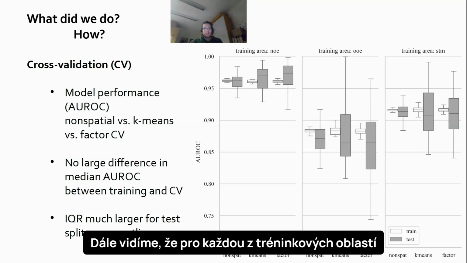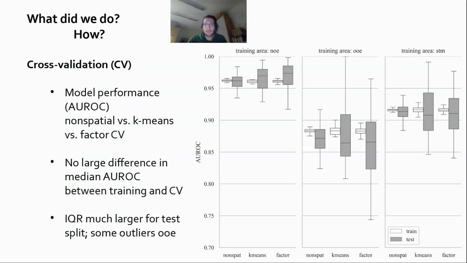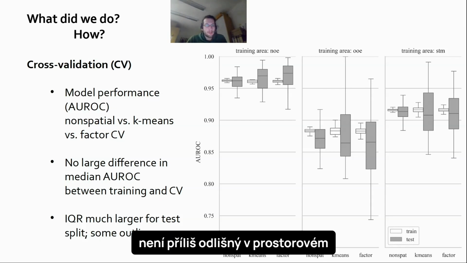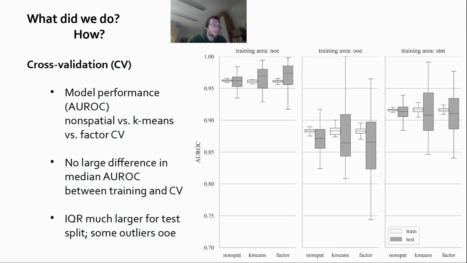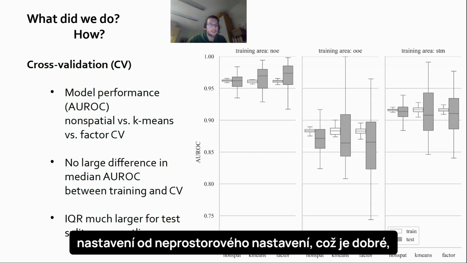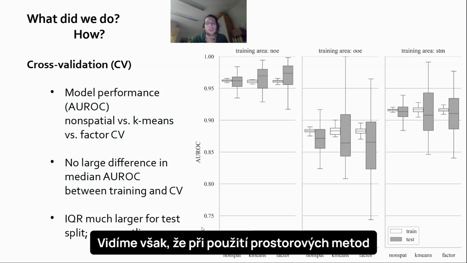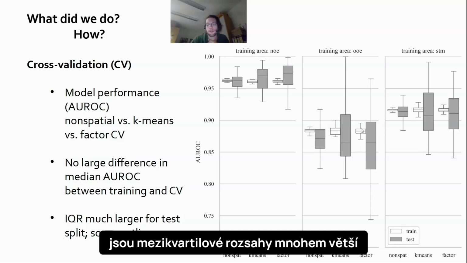And we can see that for each of the training areas, the median of the model performance is not very different in the spatial setting than in the non-spatial setting, which is good because it means that they are likely transferable. But what we can see is that the interquartile ranges are a lot larger when using the spatial methods than the non-spatial methods.